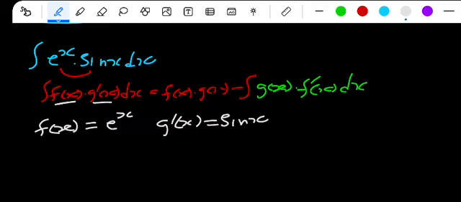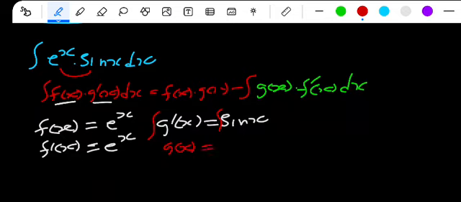So I will take f prime, which will remain the same anyway. Then take the integral on both sides. I'll have g of x. The integral of sine is negative cos x, isn't it? We have our negative cos there.